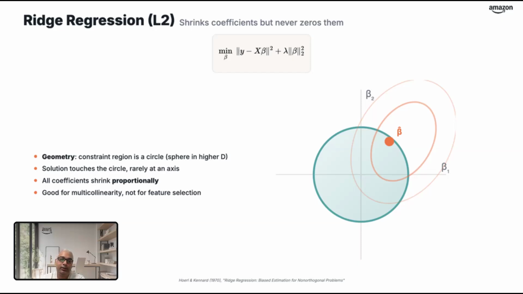Ridge regression with the L2 penalty always shrinks the coefficients proportionally, but never performs feature selection, in the sense that it is not making any of the coordinates go to zero, as we see in this picture.